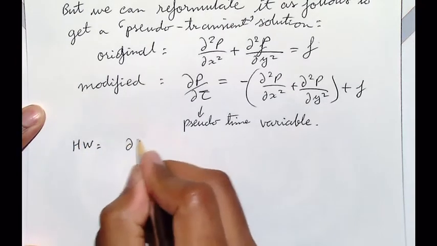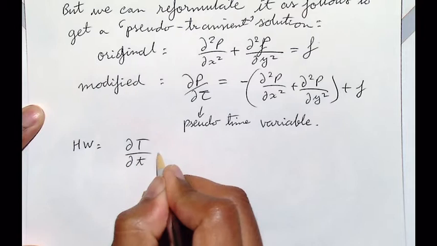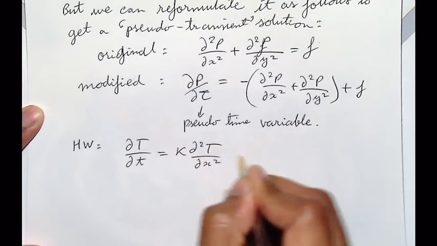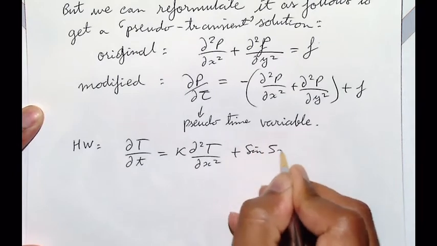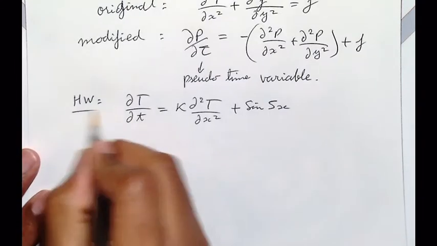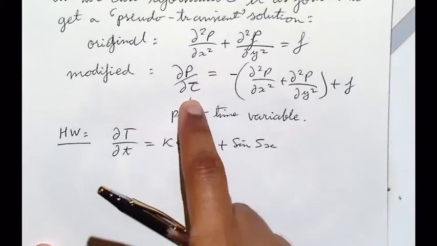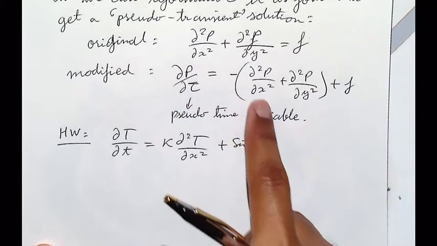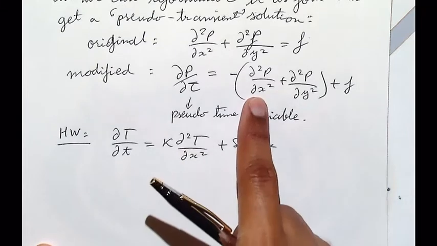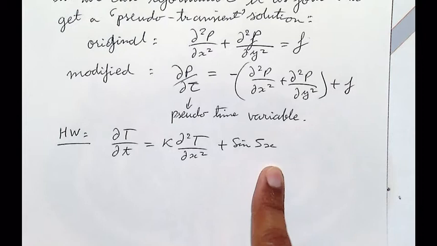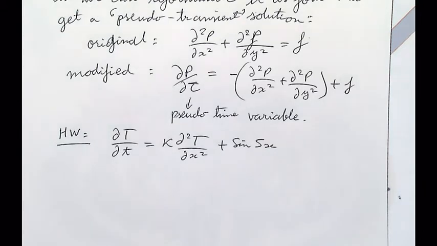You had del t by del t equal kappa del 2t over del x squared plus sine 5x, right? So you have done this in your homework. And now we have the same exact thing. We have dp by d tau, and this in 2d we have two terms, x squared and y squared, and we have a forcing function, as you had the sine 5x. So see, it's exactly the same thing.